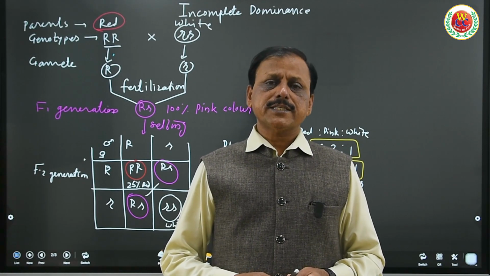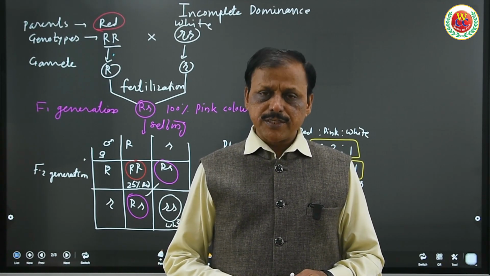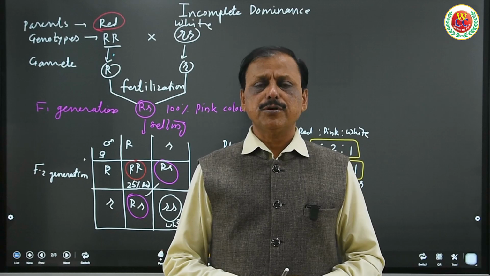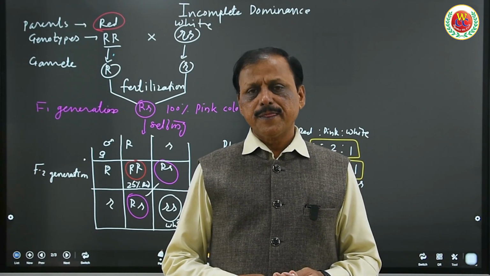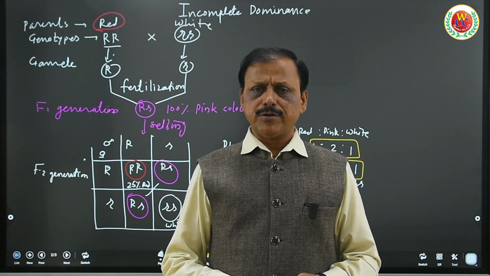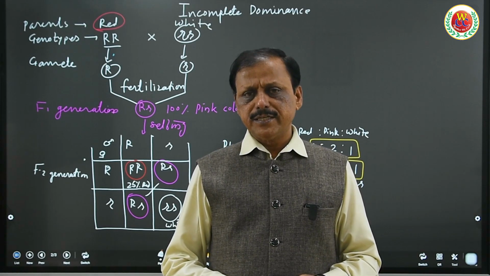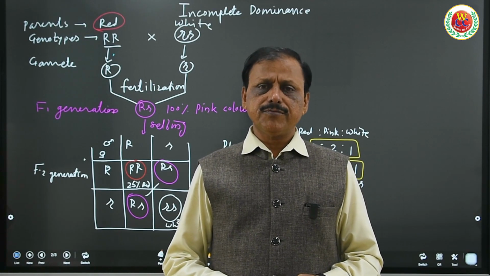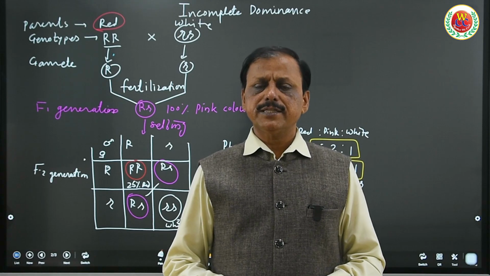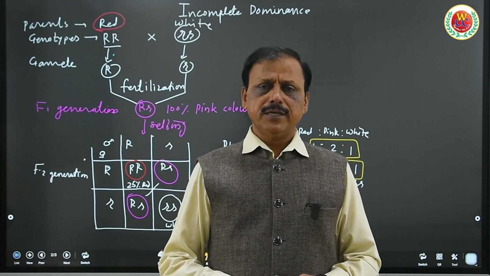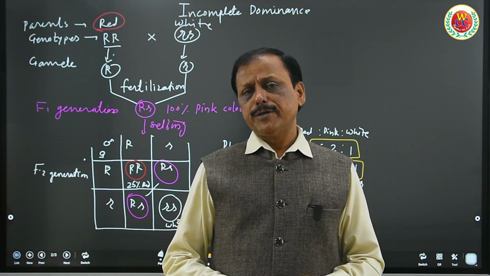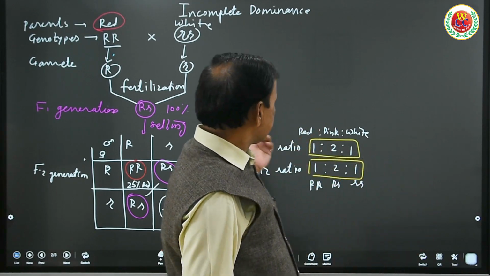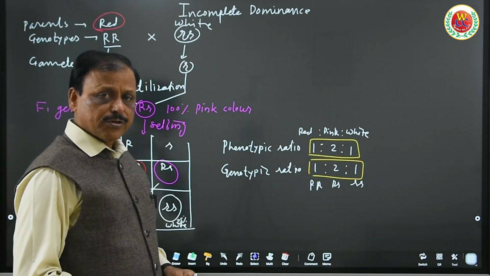It is an exception to the law of dominance. So it is studied as an exception to the law of dominance, because in biology there are exceptions for each law, and therefore biology is studied in a different way. When any law is formed, definitely in biology there may be an exception, not for all, but for any one. So this experiment is studied as an exception on the dog flower.